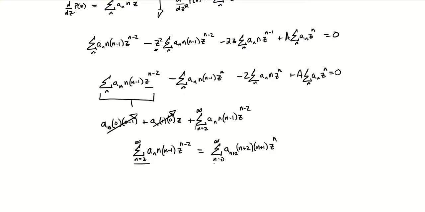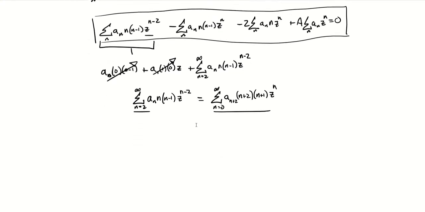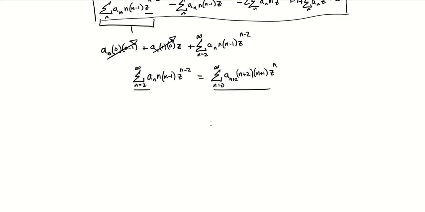And now that we have that, we can put this back up into the actual equation that we're solving for. If we replace this first term, we get something that looks a bit nicer, right?